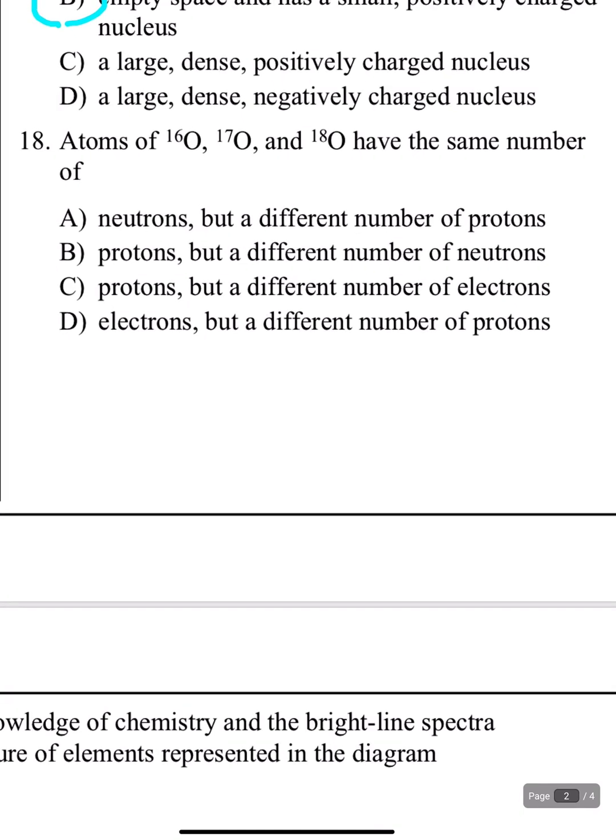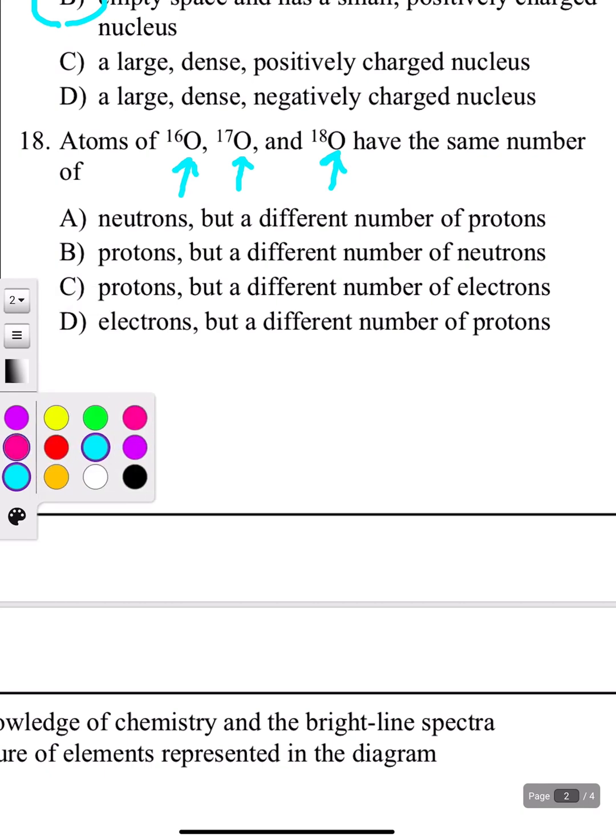18. Atoms of, okay, so they give you examples of that, have the same number of, okay, I see the same symbol right away. If I see the same symbol, I'm talking about the same element. And if I'm talking about the same element, they must have the same number of protons.